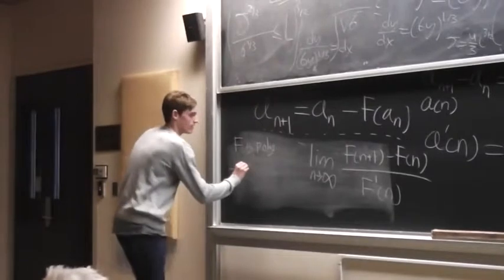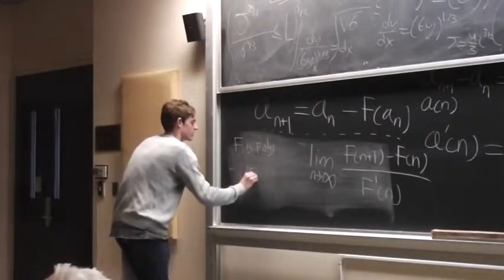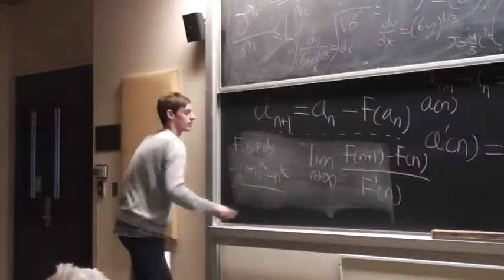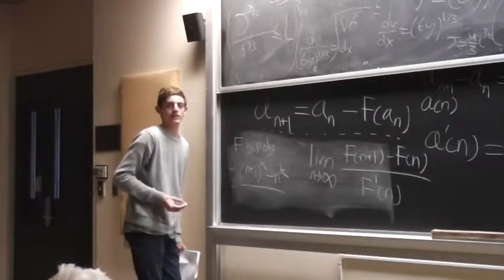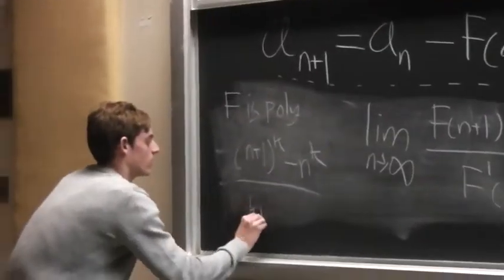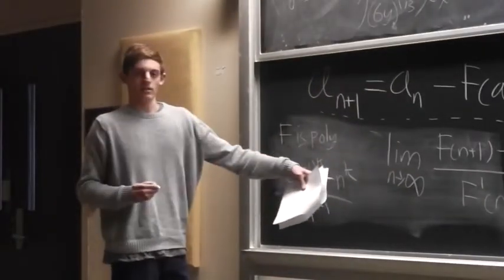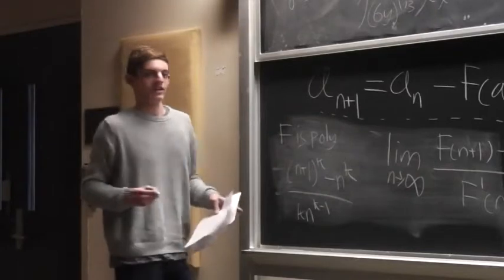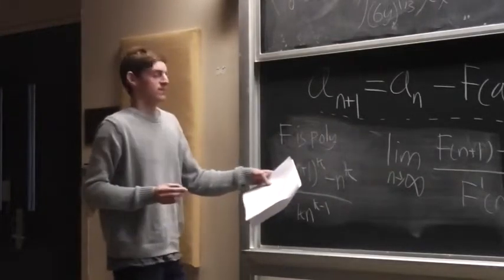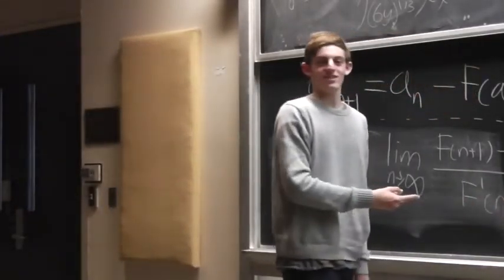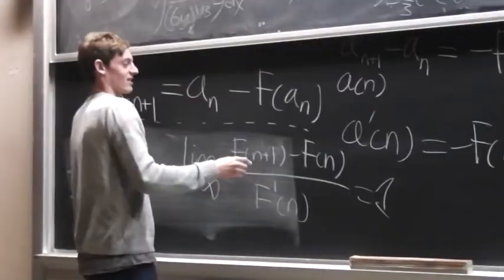If I have (n+1)^k minus n^k, the derivative is like k n^(k-1)? Yeah, so then the first thing, the binomial gets gone, but then the second one is k times n^(k-1). So you get 1. And that's why it works.